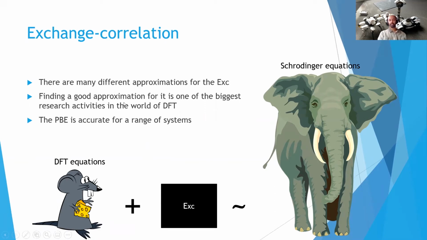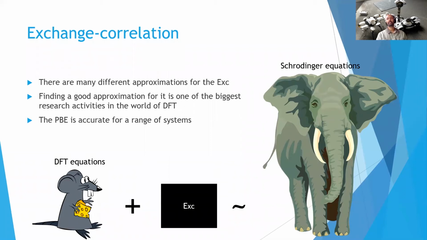Finding a good approximation to make this mouse as smart as this elephant is one of the biggest research activities. PBE, which was introduced in 1996 by a group of 3 star DFT people, is one of the very accurate exchange correlation potentials introduced for a very large number of systems, including molecules, atoms, solids, and even 2D materials.